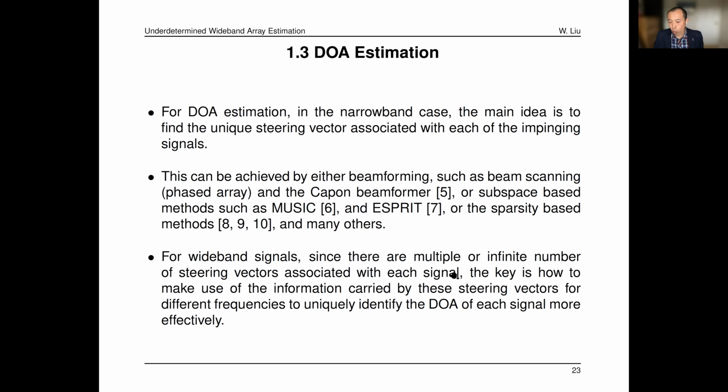You are wasting information. So the key is how to make use of the information carried by these steering vectors for different frequencies to more effectively identify the DOA of the signal. That's the main issue for wideband DOA estimation.